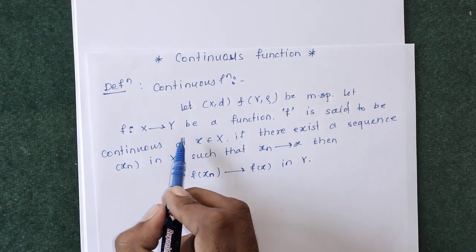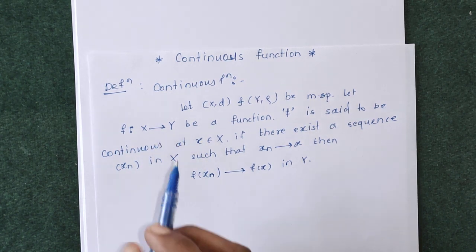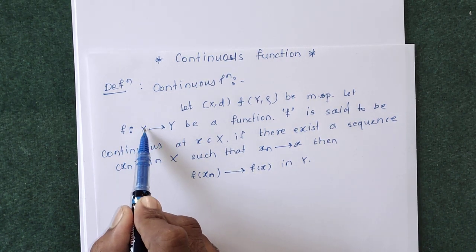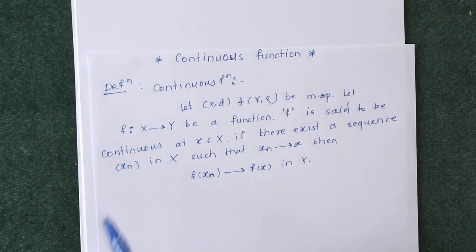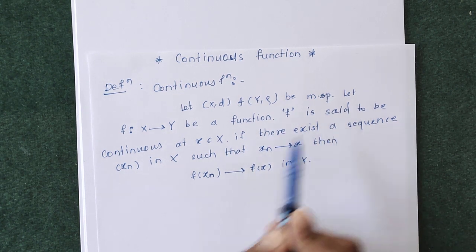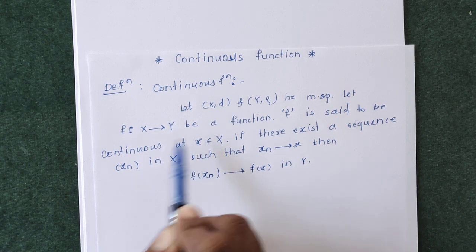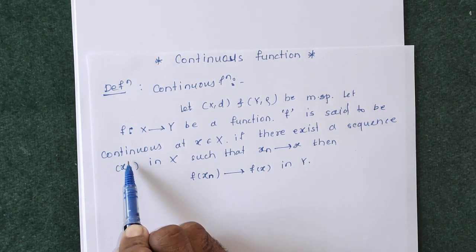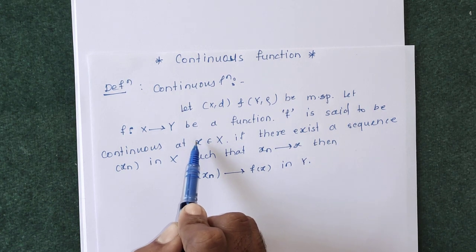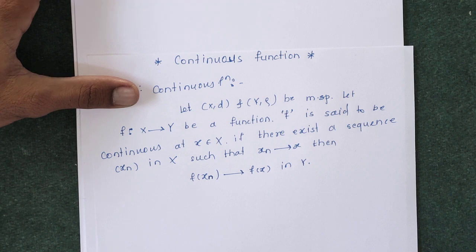Function f is said to be continuous from metric space X to metric space Y if for a sequence x_n in X which converges to x in X, the image of this x_n must converge to the image of this element, f of x, in Y. Then we say that the given function f is continuous.